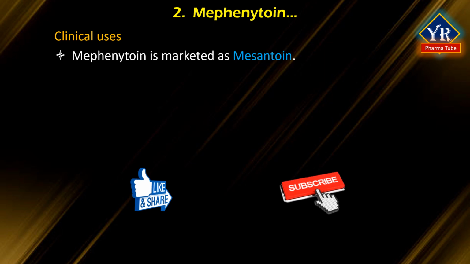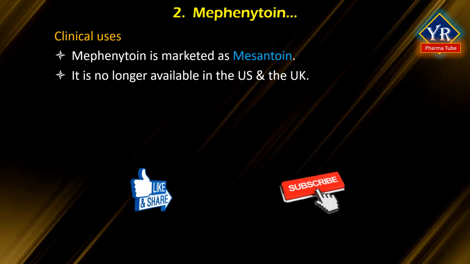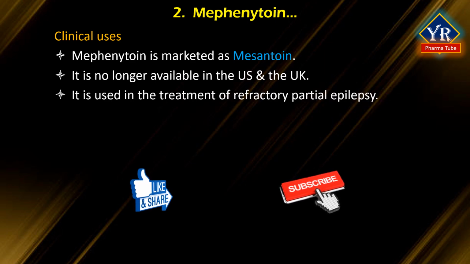Mephenytoin is marketed as Mesantoin by Novartis. As an anticonvulsant, it is no longer available in the United States and the UK. It is used in the treatment of refractory partial epilepsy. As an anticonvulsant, it is effective in tonic-clonic epilepsy.